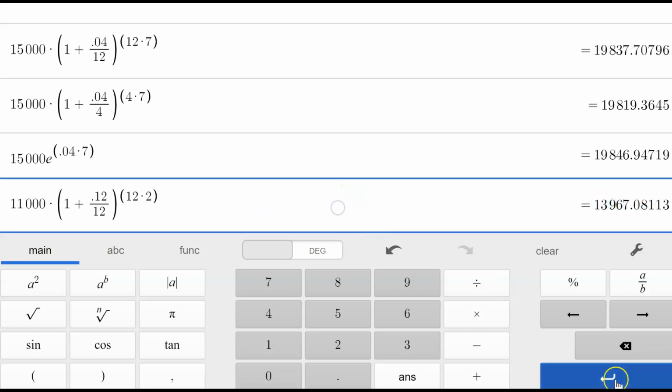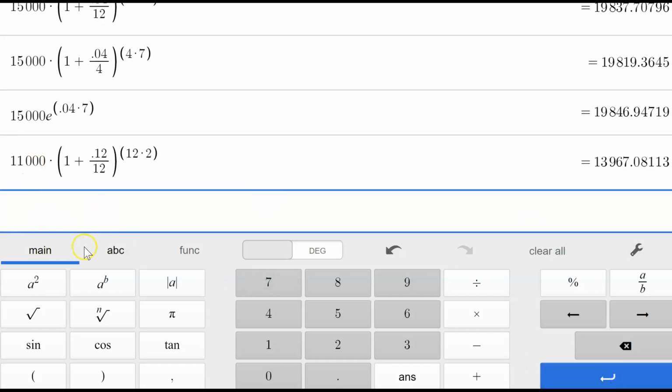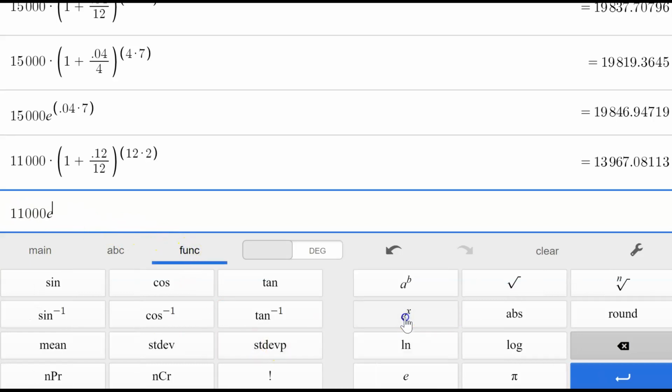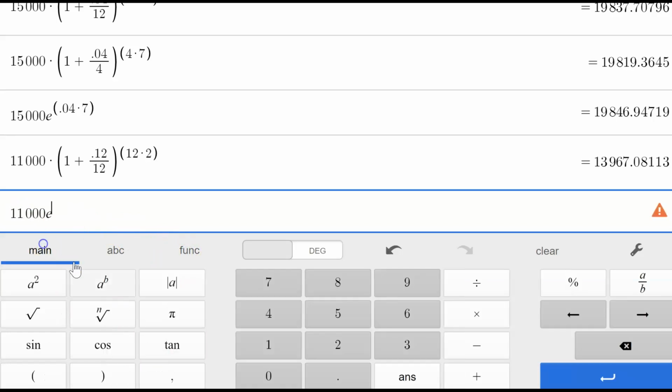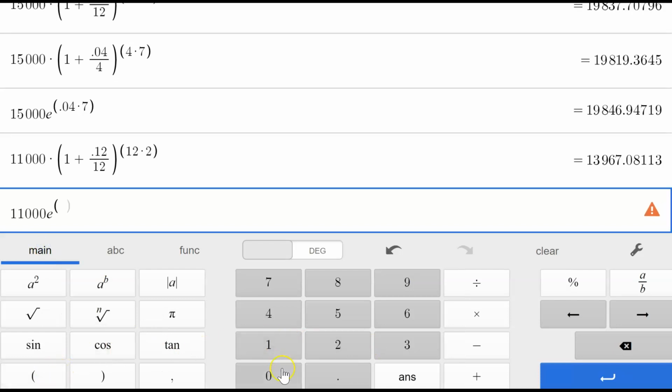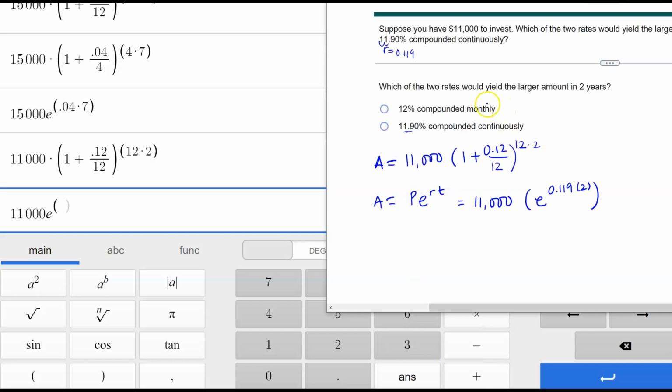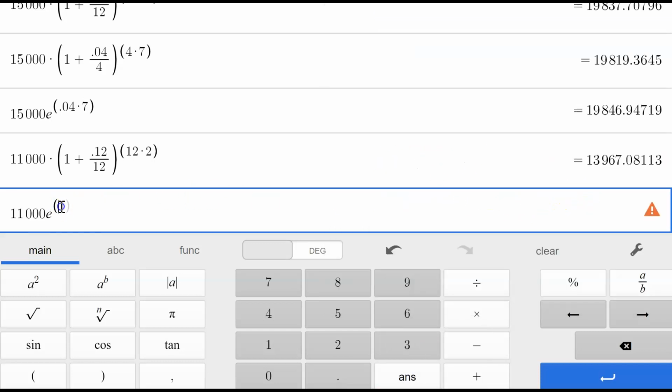Okay, so for the second option, we're going to compare that to the option wherein it is compounded continuously. So that's P e to the RT. So this is where you can find e to the RT. R is 11.90%, so that's 0.119, times 2 years. Then close that.